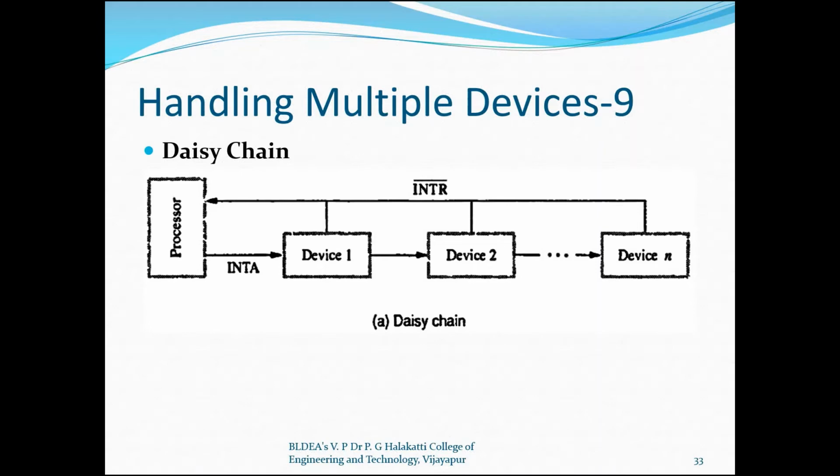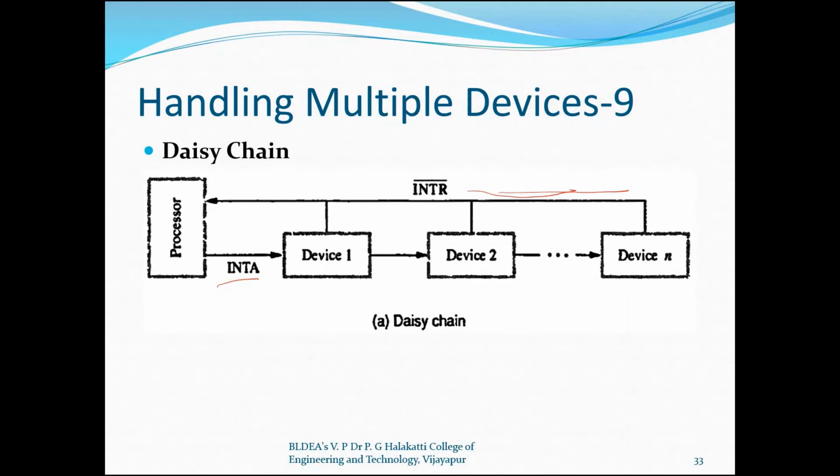We have a model here which is called the daisy chain method, and it is a commonly used hardware arrangement for handling many requests over a single interrupt request line. You can see in the diagram the interrupt request line INTR bar, this line is common to all devices, and the acknowledgement line, interrupt acknowledge INTA, is connected in a daisy chain fashion.